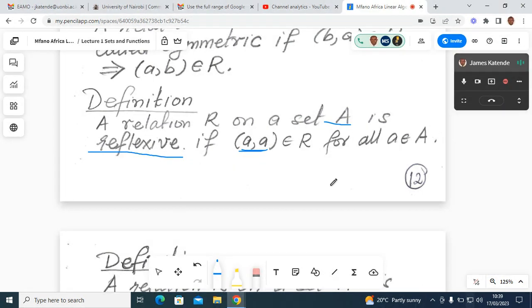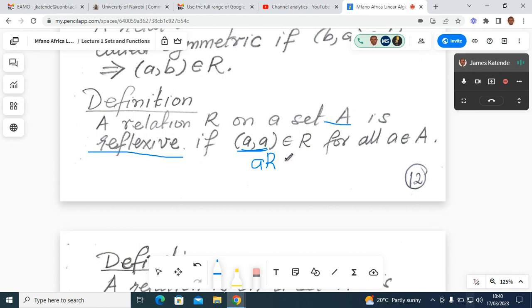We will look at some examples. We'll do some examples to show this. So it's reflexive if this pair (a, a) is in the relation. In other words, it is reflexive if a is related to a.